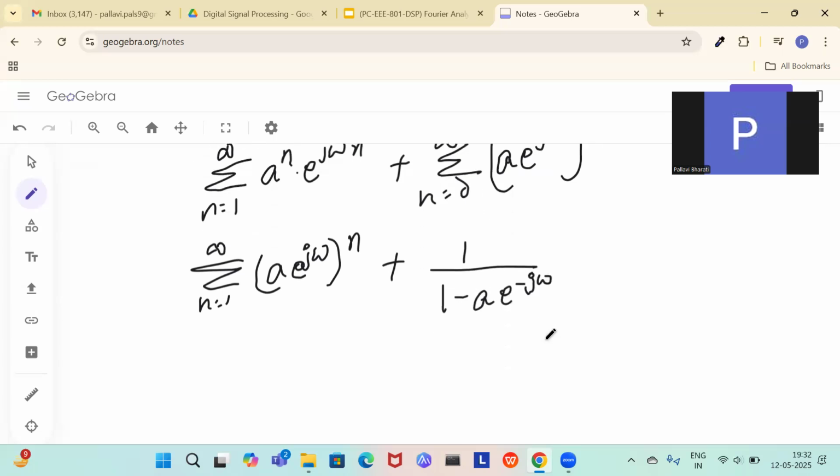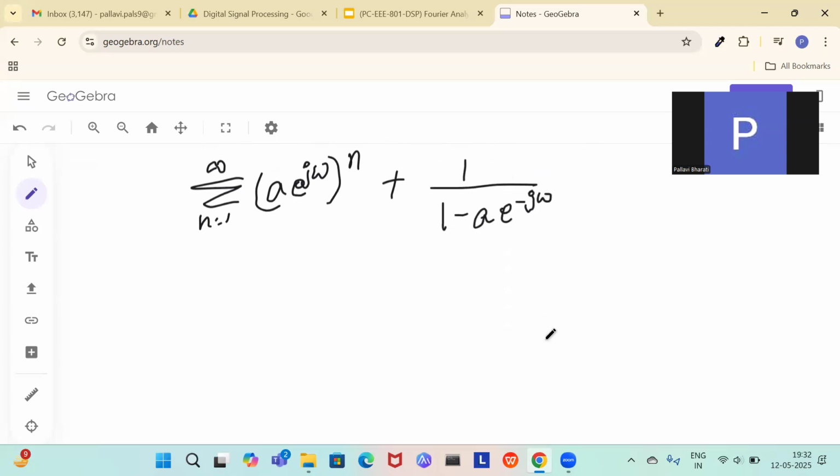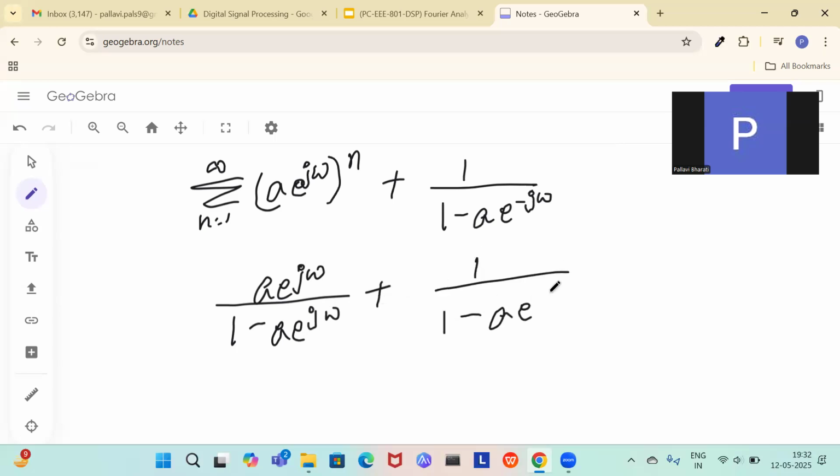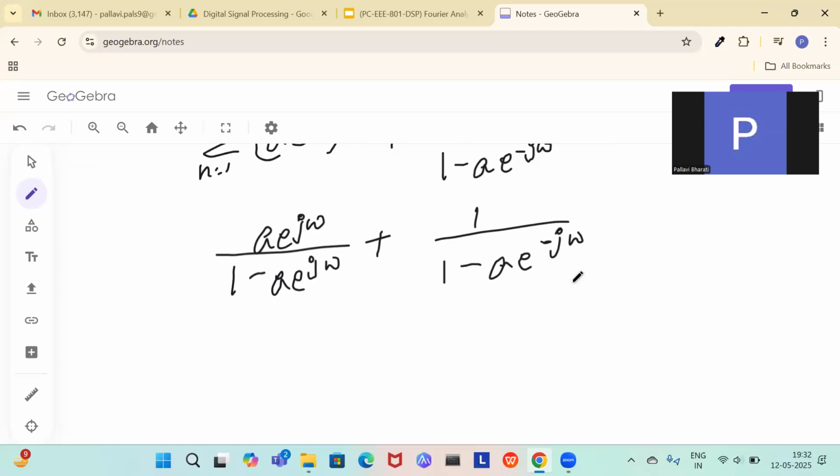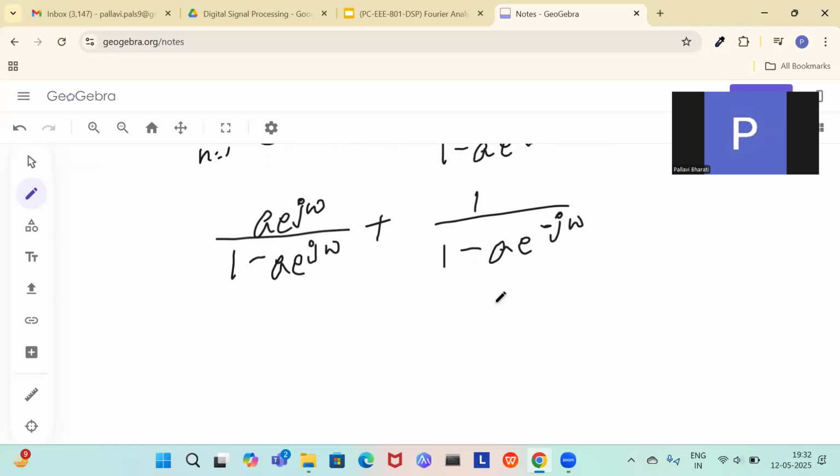And for this one, since it is starting from n equals 1, the first term is a e^(jω) divided by 1 minus the common ratio, which is the same, a e^(jω). So plus 1 by 1 minus a e^(-jω).